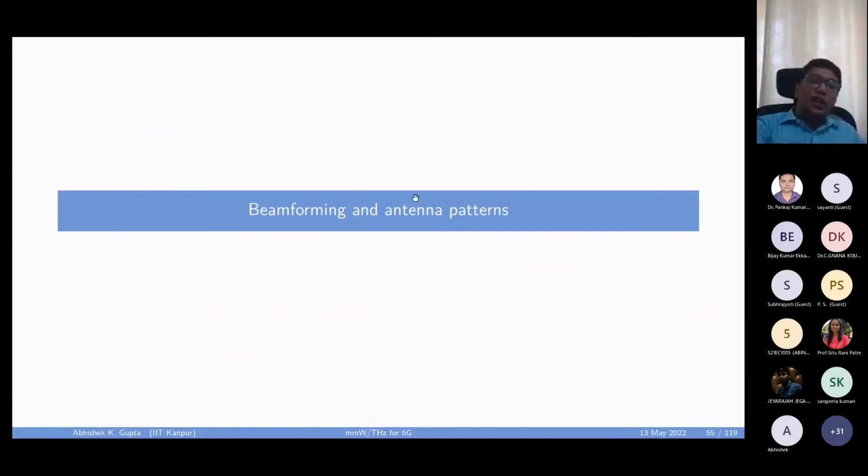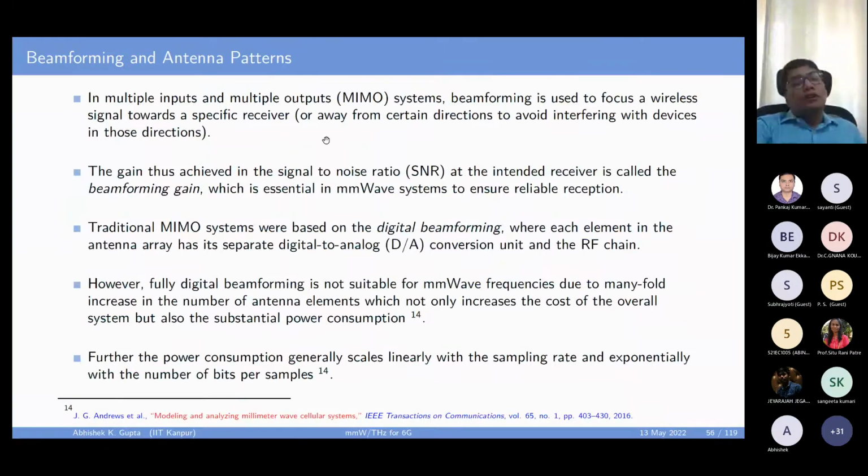Okay, so now let us look at a particular propagation factor, which is beamforming and antenna patterns. So we all know that beamforming means you have multiple antennas, and using these antennas, you can modify the signal such that it is only received or transmitted in a particular direction.